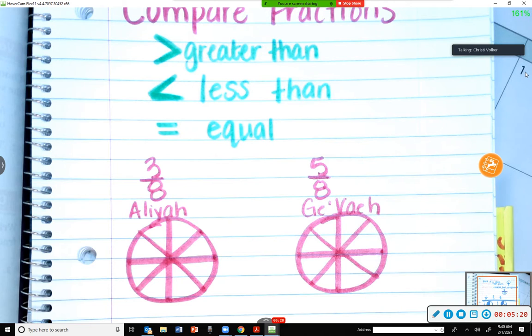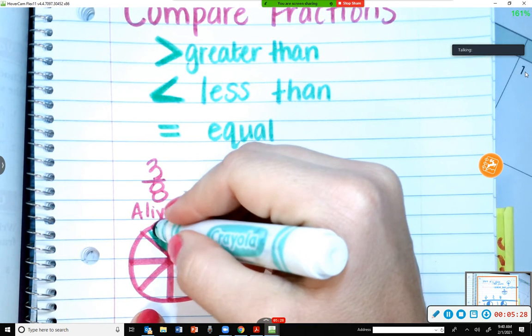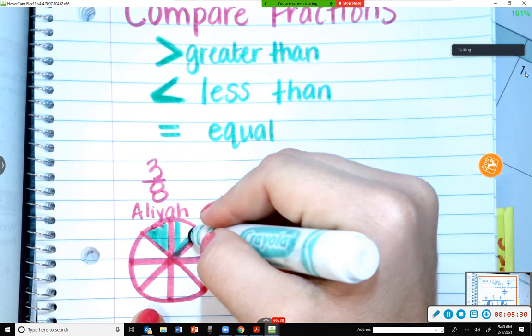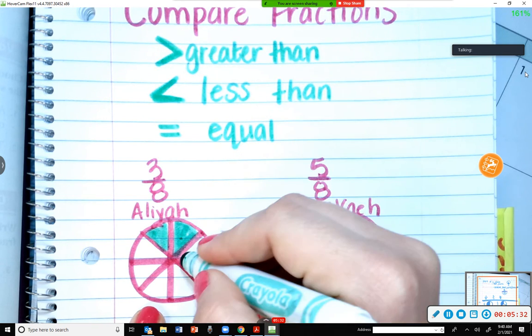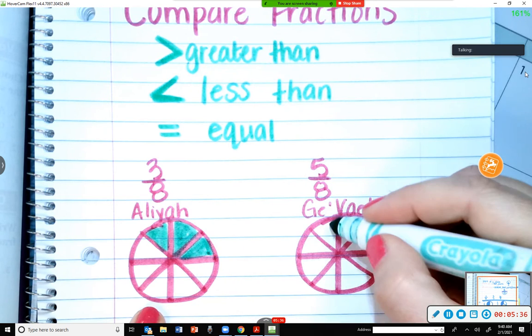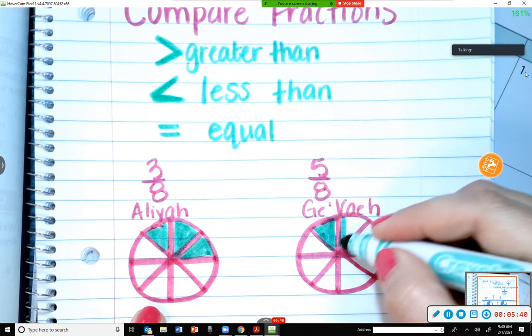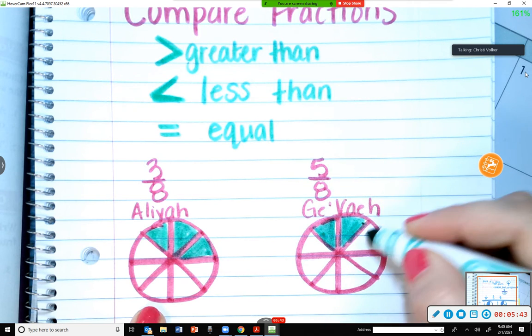So for Aaliyah's pizza, if she eats 3/8, then I need to do what to this model? Shade in 3. And Javea's would be shading in 5.